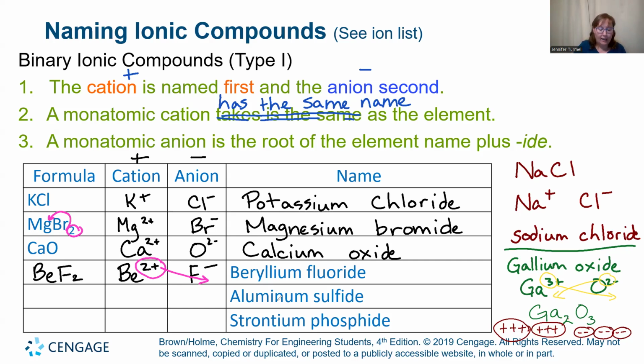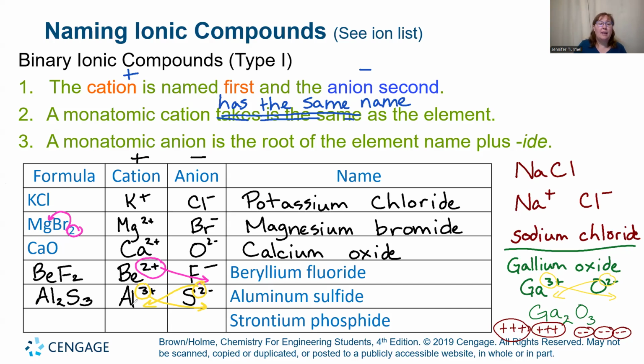All right, now I have my aluminum sulfide, and I see again on my ion list that's Al3 plus, and sulfide is S2 minus. And I bring that 3 down here, and that 2 goes down here. And that means that I have Al2S3.